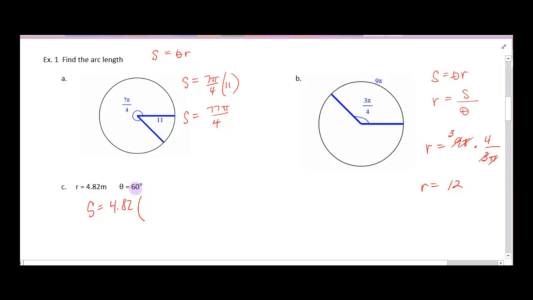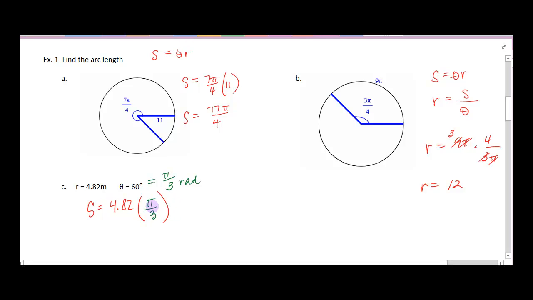And theta, now remember, is being given in degrees, so I need to make sure that I change this to the proper radian measure. So 60 degrees is actually equal to pi over 3 radians. That's the value that I'm going to substitute in for theta here, pi over 3.